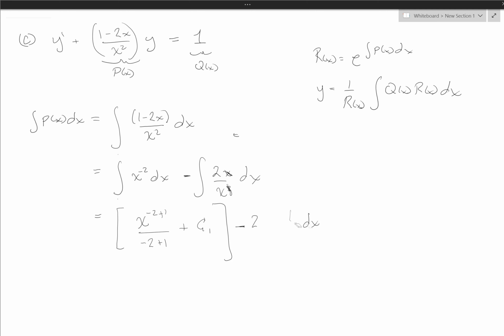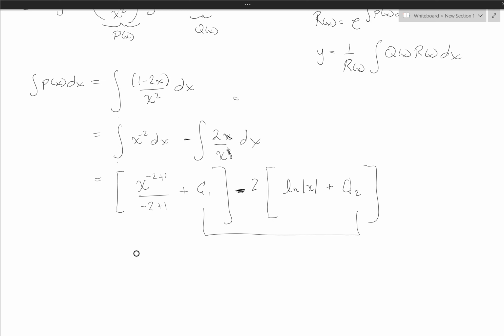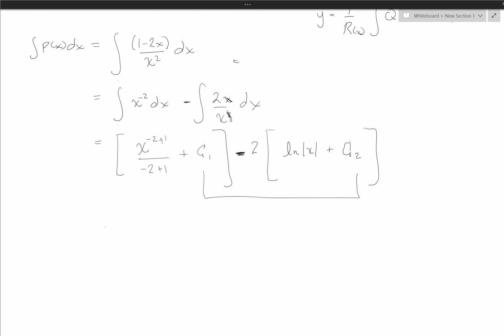So minus 2 ln of x plus c 2. Now we have another constant. So I could grab these constants and collect them. I can group them into a single constant. So what do I have? I have x to the negative 1, negative, right?